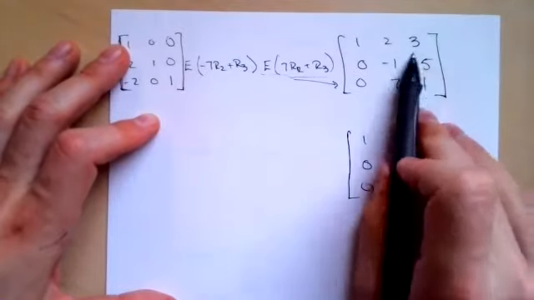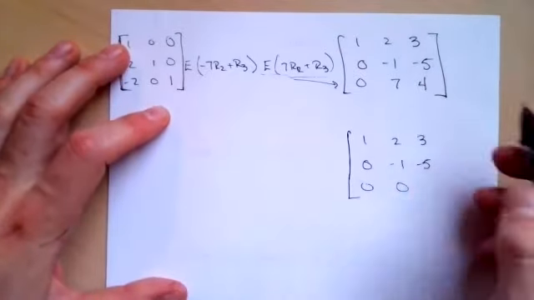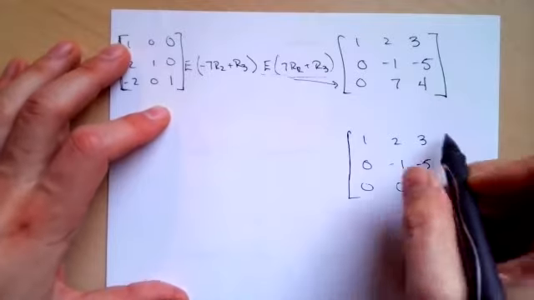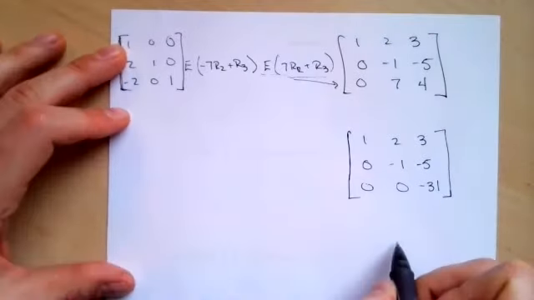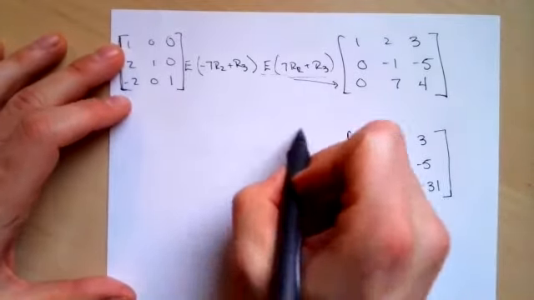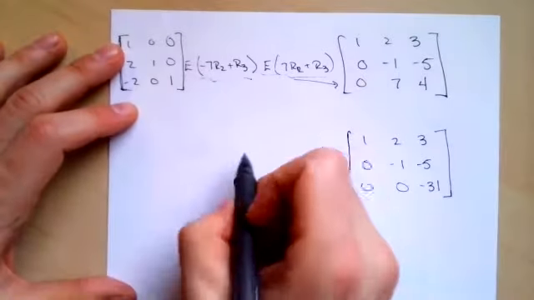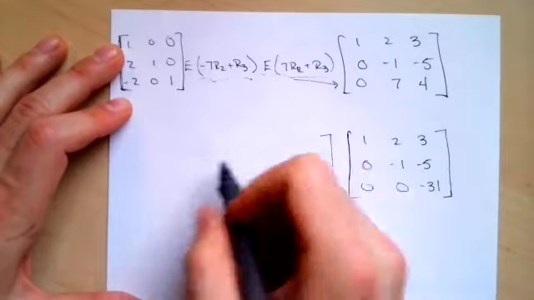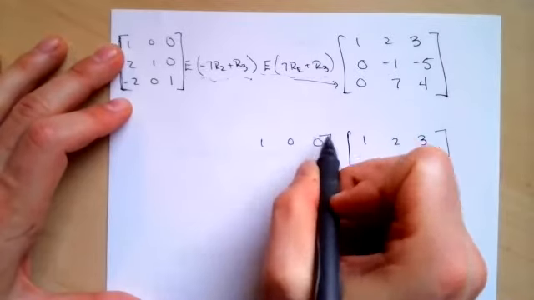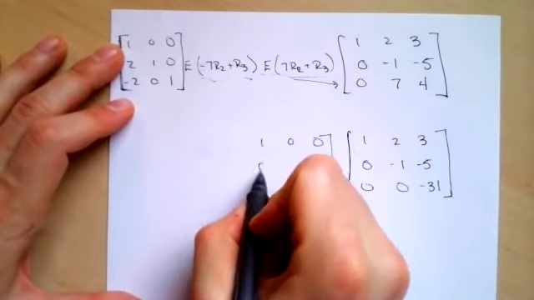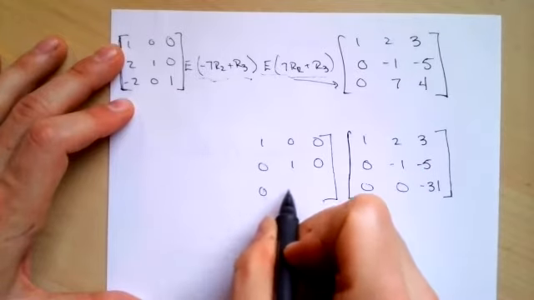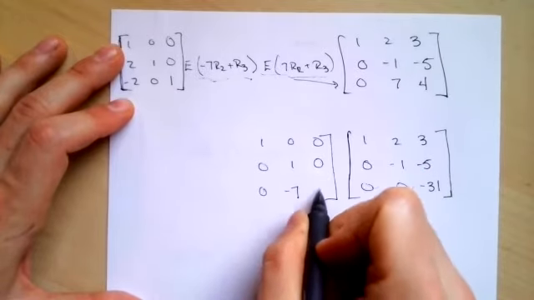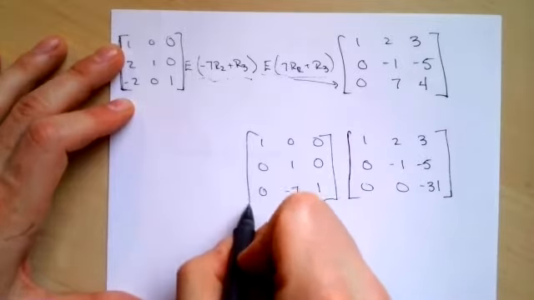And then we'll have 7 times negative 5 is negative 35 plus 4 is negative 31. And then let's go ahead and write this matrix out and perform that operation as well. So we had 1, 0, 0, and then negative 7 times row 2 plus row 3 on the identity will give us this matrix.